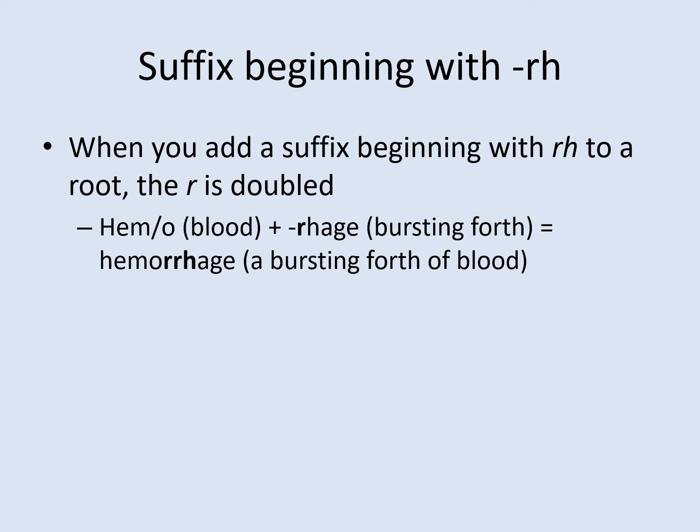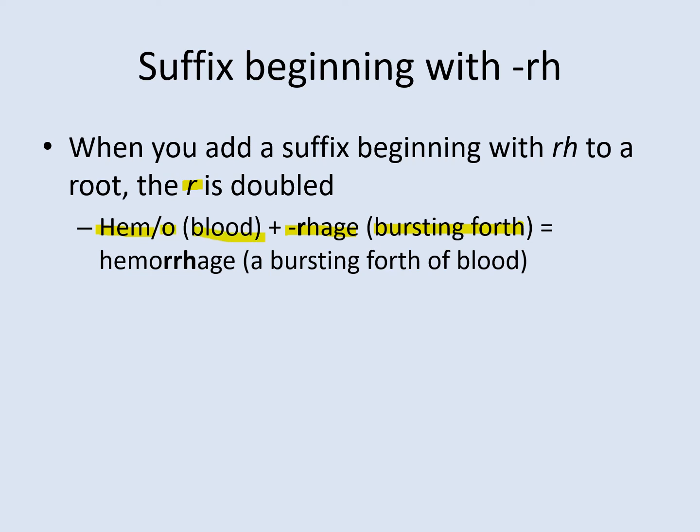In cases where the suffix begins with the letters RH, you add an R to double it. So if you have a suffix, in this case, rhage, which is a bursting forth, heme with the combining vowel O is blood.